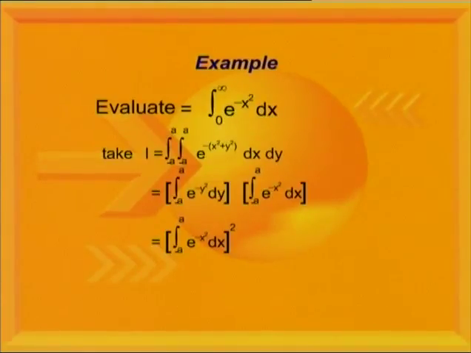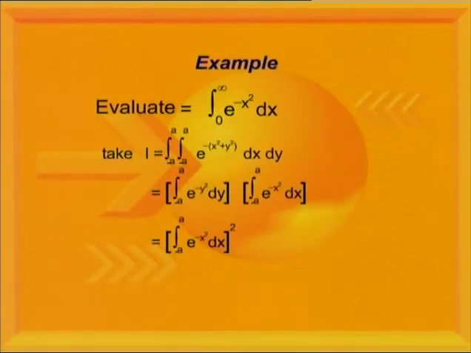So this whole thing can be written as integration of e raised to power minus y square with respect to y between the limit y is equal to minus a to a, into integration of e raised to power minus x square with respect to x, between x is equal to minus a to a.